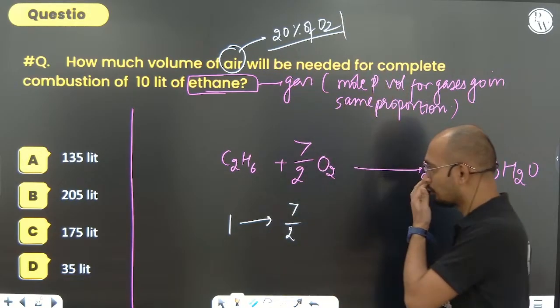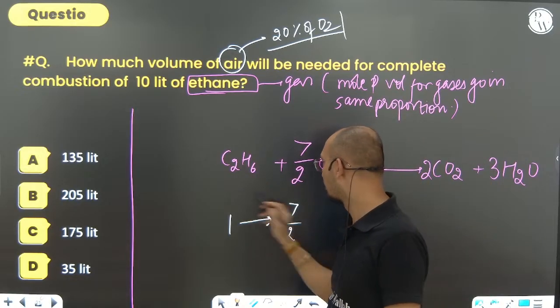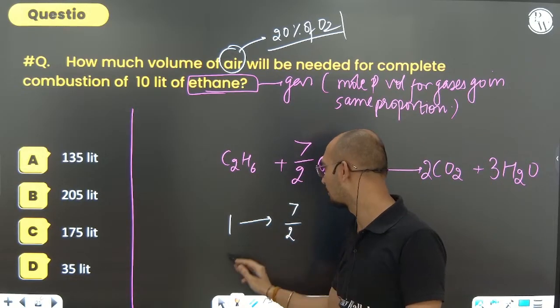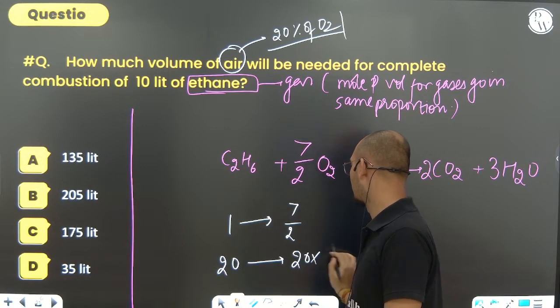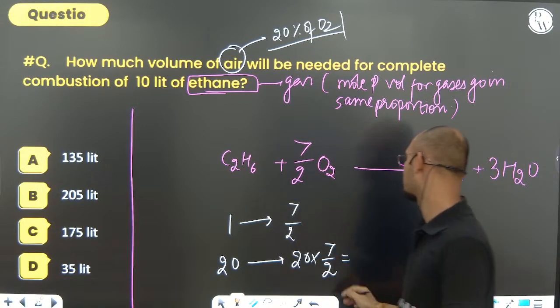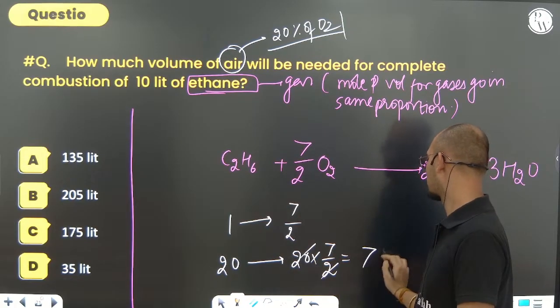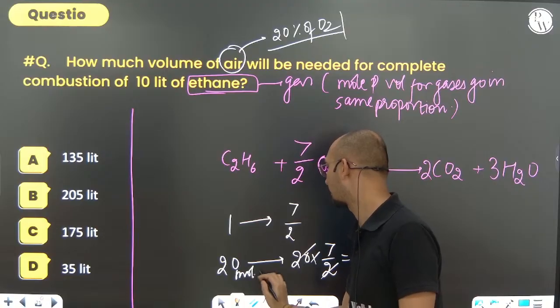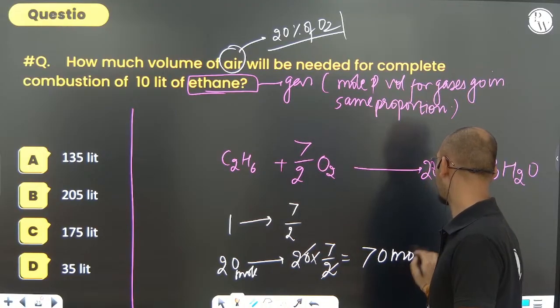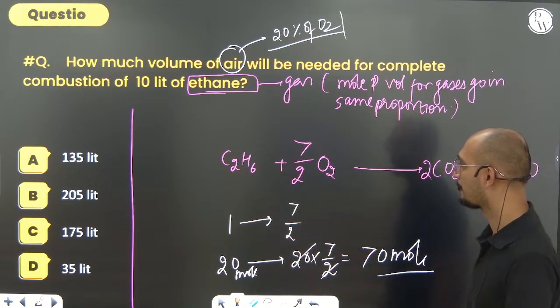चलो पहले तो ये समझो कि if you are taking 1 mole needs 7/2. So what we can say, if 20 moles you are taking, so 20 into 7/2, that is how much? That is 70. Of 20 moles you have taken, it will need 70 moles. Okay.